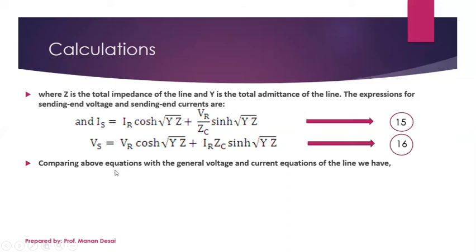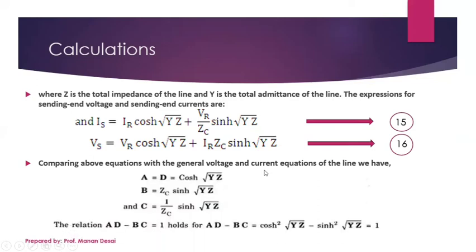Comparing the above equations with the general voltage and current equations of the line, we now find the ABCD constants as per our conditions. What is our condition? The condition is A is equal to D. Parameters A and D are the same.